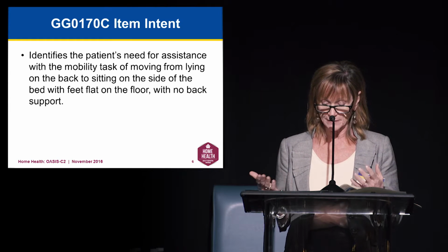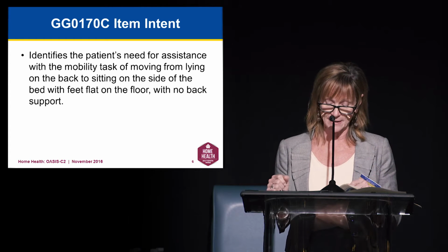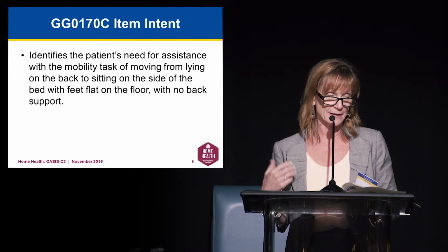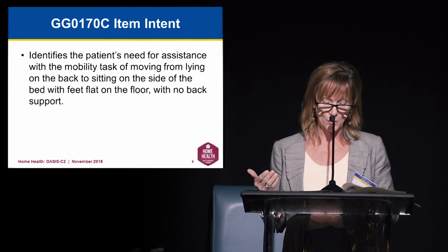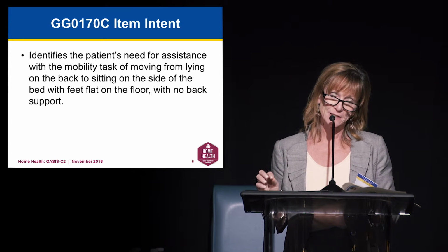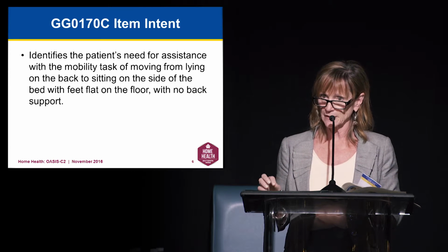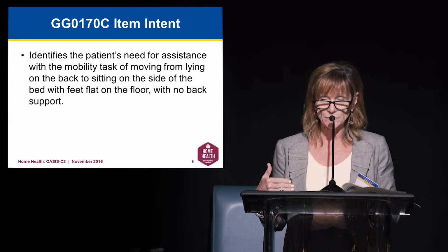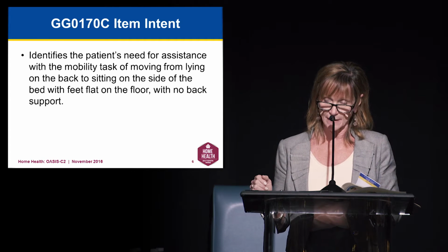But what's important, that this is a new measure that's going to help us to quantify this, and one of the Impact Act measures that we've all talked about, so that we're going to have a consistent way of identifying the patient's ability to perform this task, and whether they can do it by themselves or whether they need assistance in doing that.